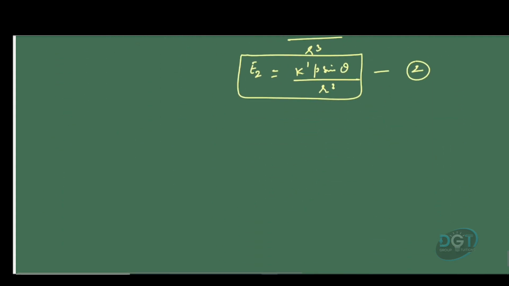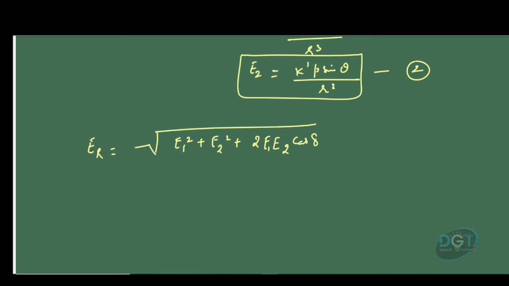Thus we can write down ER, the resultant electric field, as root of E1 square plus E2 square plus 2 E1 E2 cos of some delta, because theta and phi we have already used, so we will use some different symbol, and delta over here is 90 degrees and cos 90 is 0. Therefore E resultant would be simply root of E1 square plus E2 square.